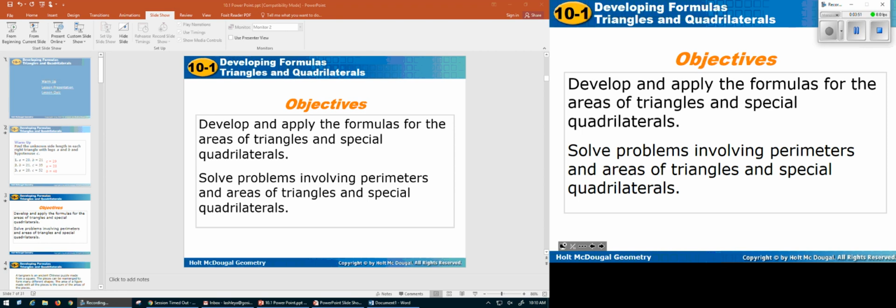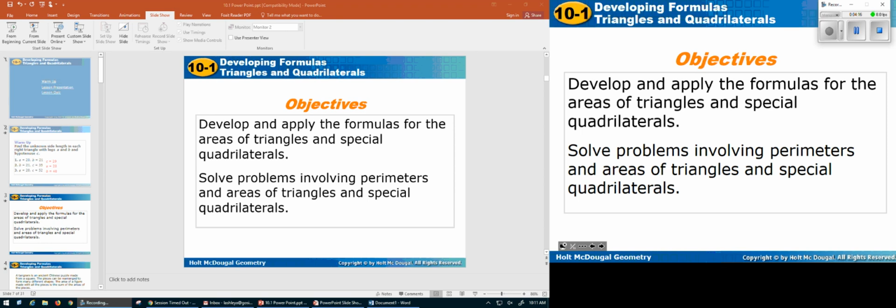Good. All right. What about a trapezoid? Does anybody know the area formula for a trapezoid? Good, Alexis. So area equals 1/2. Tell me again. Base 1 plus base 2 times the height. So the difference in a trapezoid is you have 2 bases.